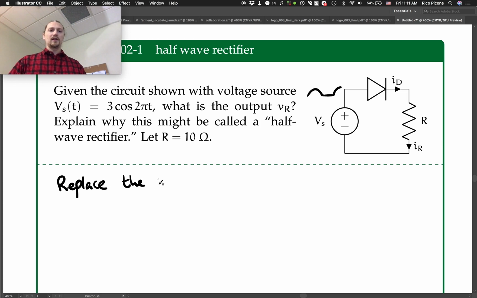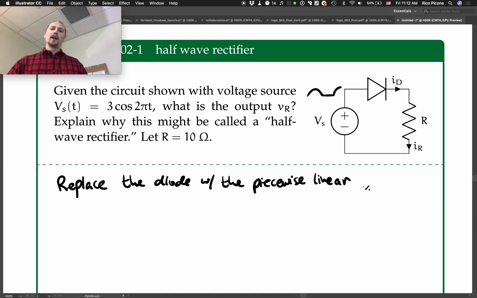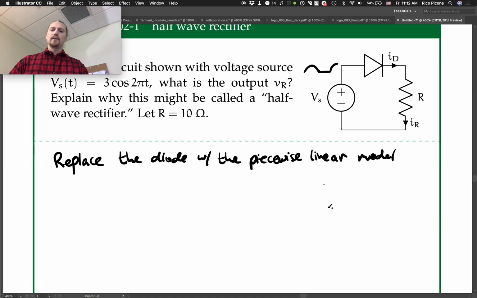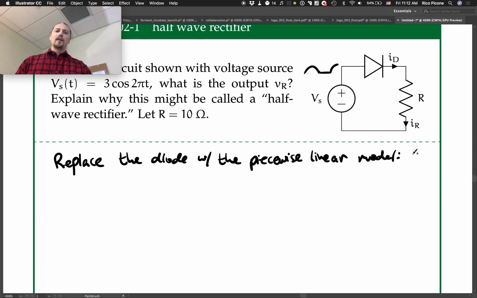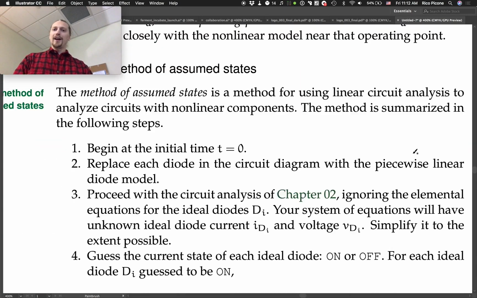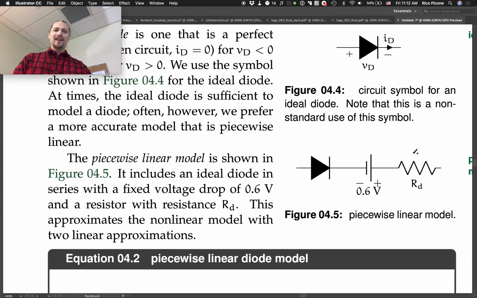We called it the piecewise linear model, which I actually have a note about to mention.